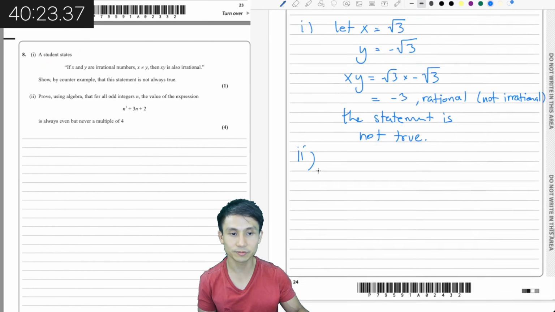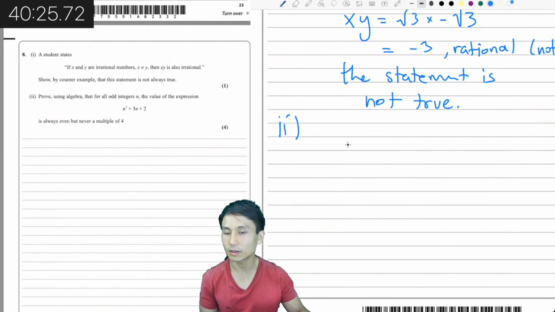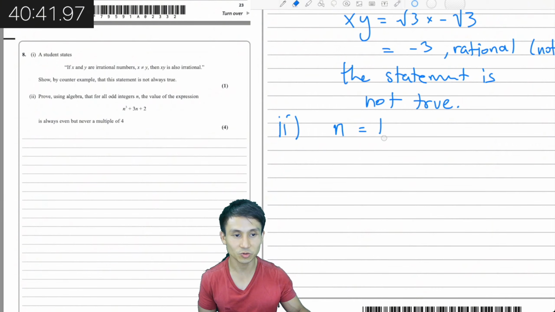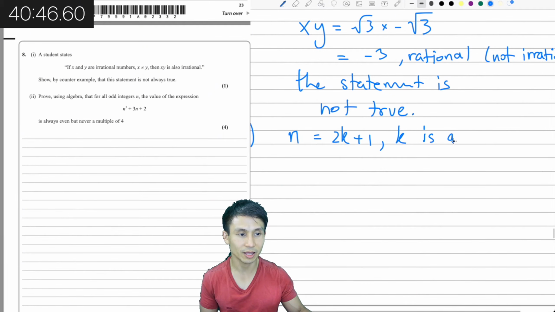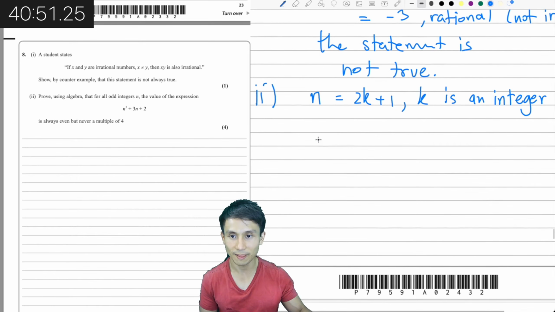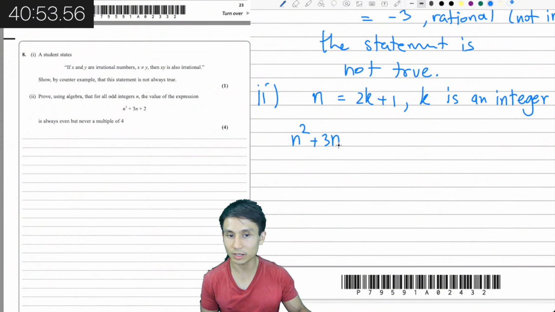And number 2, prove using algebra that for all odd integers n, the value of expression that is always even but never multiple of 4. Okay, so if n is an odd integer, we do 2k plus 1, where k is an integer. Any integer, 0, 1, 2, 3, 4, so on. So n squared plus 3n plus 2 here would be, is that n cubed?